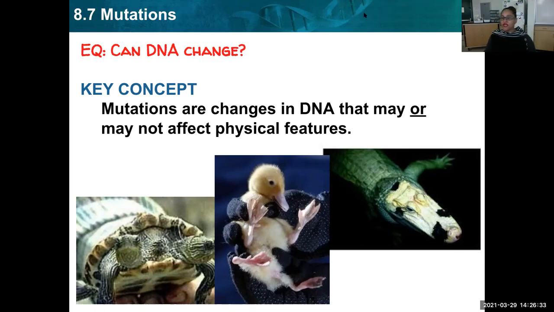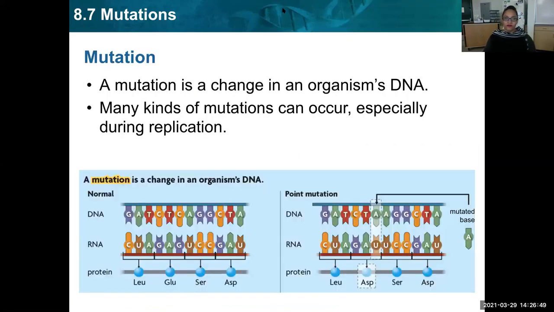But these are extreme cases of mutation. Not all mutations result in a change in something's physical features. So mutation is a change in an organism's DNA. Many kinds of mutations can occur, especially during replication.